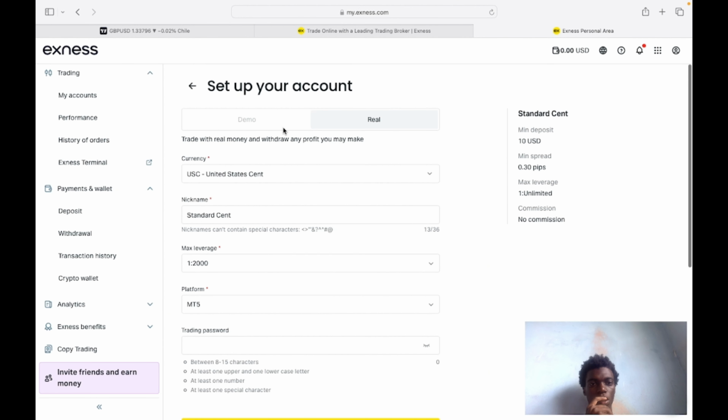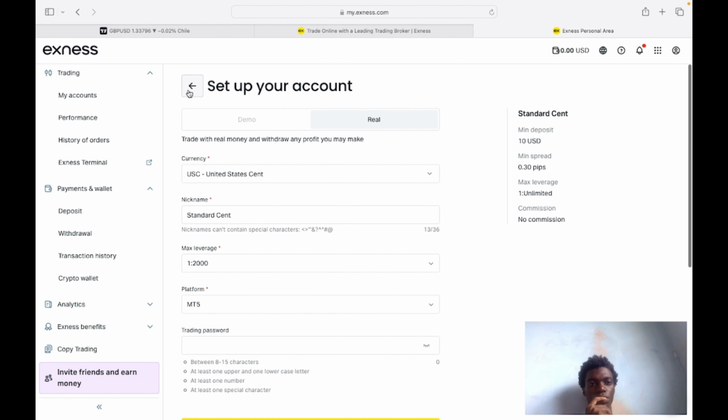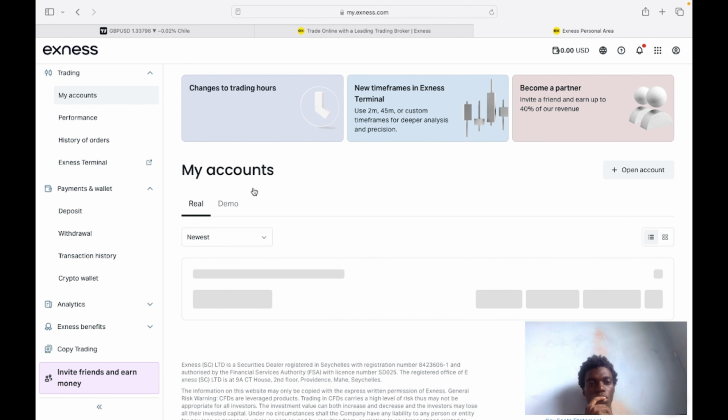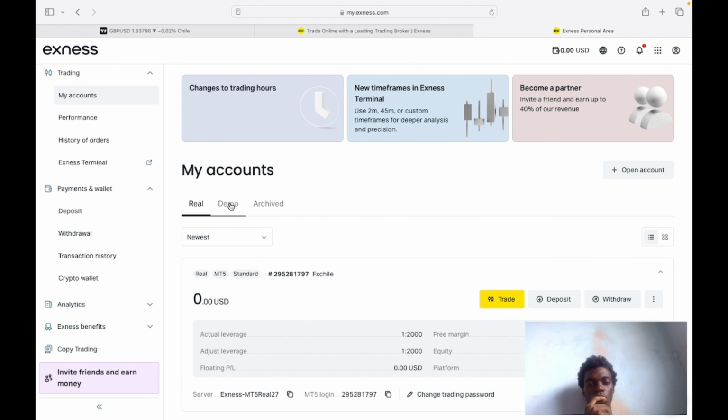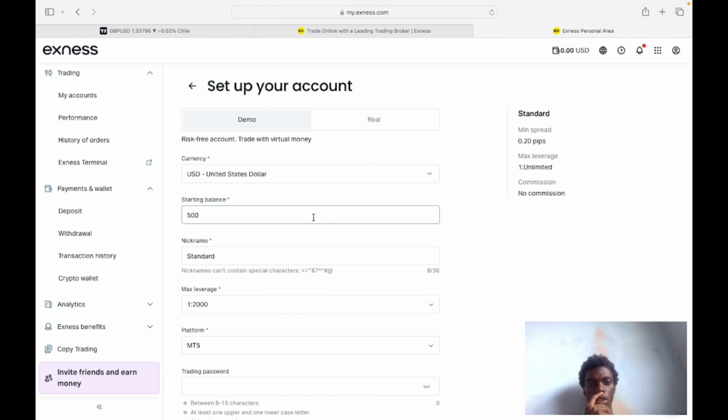What is happening? I don't know why I can't open a demo account. So let me try this one more time. Open standard account. Continue. Oh, maybe I chose the standard cent account.